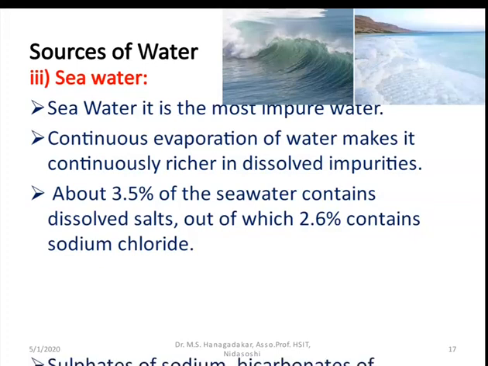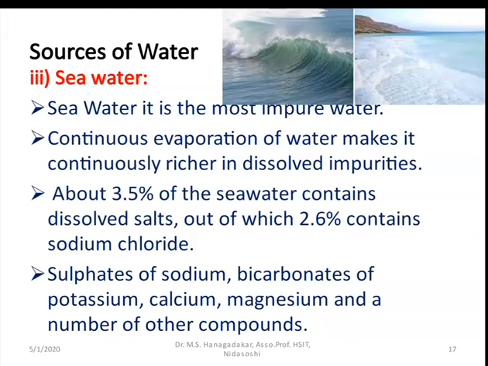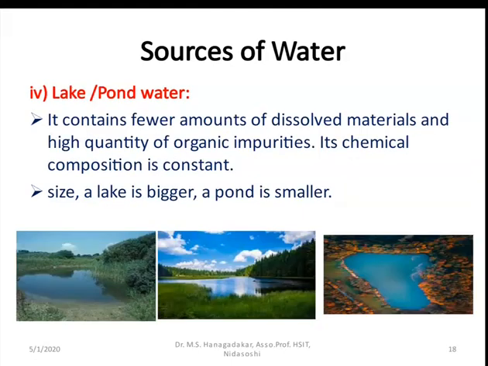Hence, seawater has a salty taste. In addition to sodium, it also contains bicarbonates of potassium, calcium, magnesium, and a number of other compounds. Hence, we can say that seawater is the most impure form of water resource.